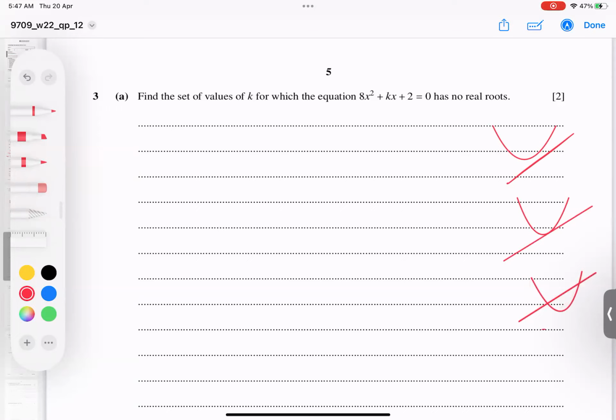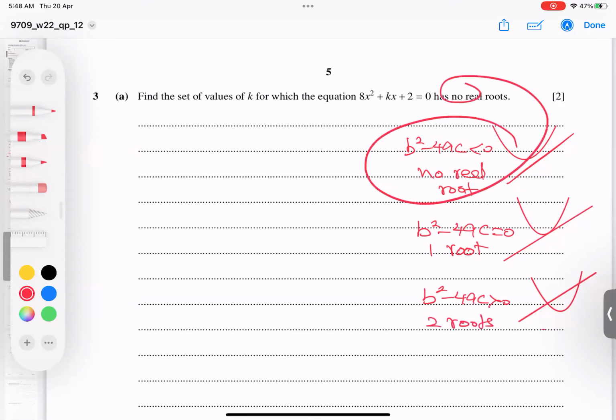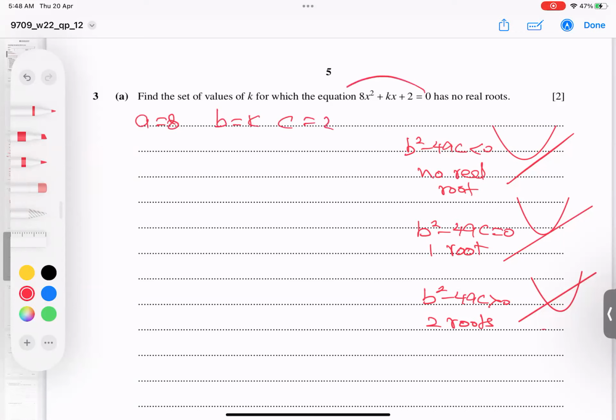So in this option, we have b squared minus 4ac less than 0, which is called no real root. In this option, b squared minus 4ac equals 0 is called one root or one repeated root. Here, b squared minus 4ac bigger than 0, 2 roots. So I will apply this criteria because he said no real root. According to the situation, what is a? 8, b value is k, c value is 2, already arranged form.